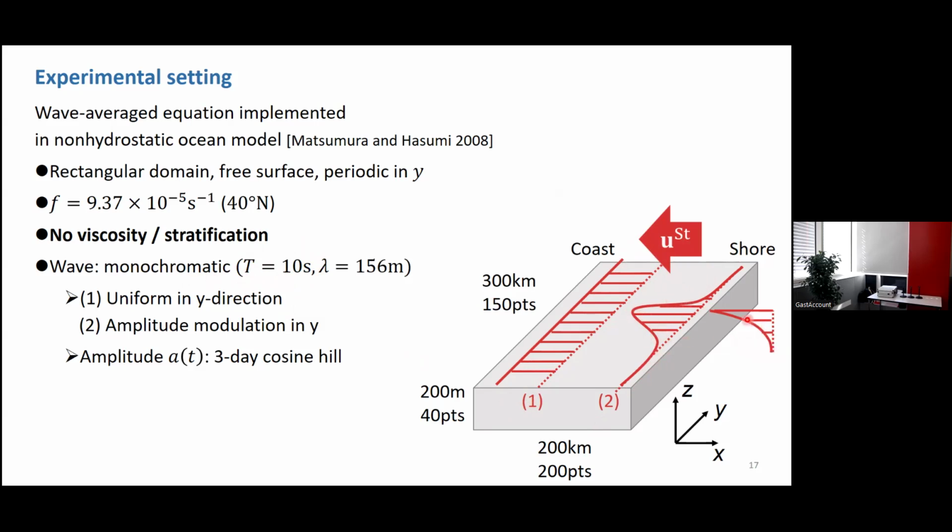It also changes in time. It starts from zero, develops, and decays to zero over a time scale of 3 days. Considering the inertial period in this setup, this is a sub-inertial regime.